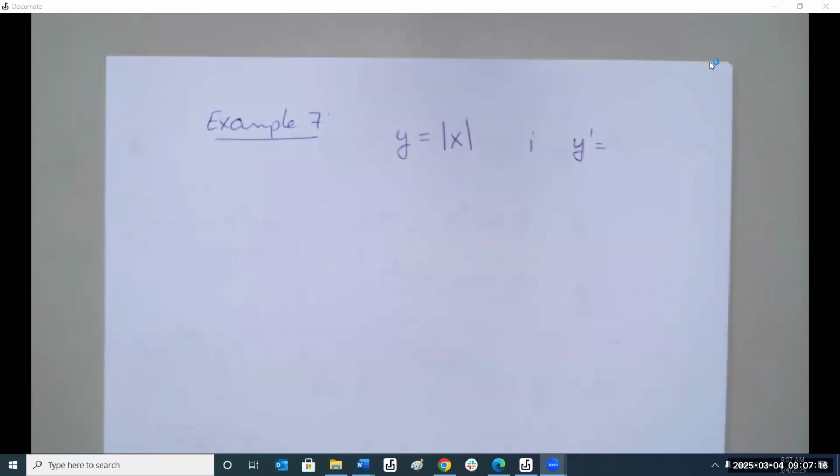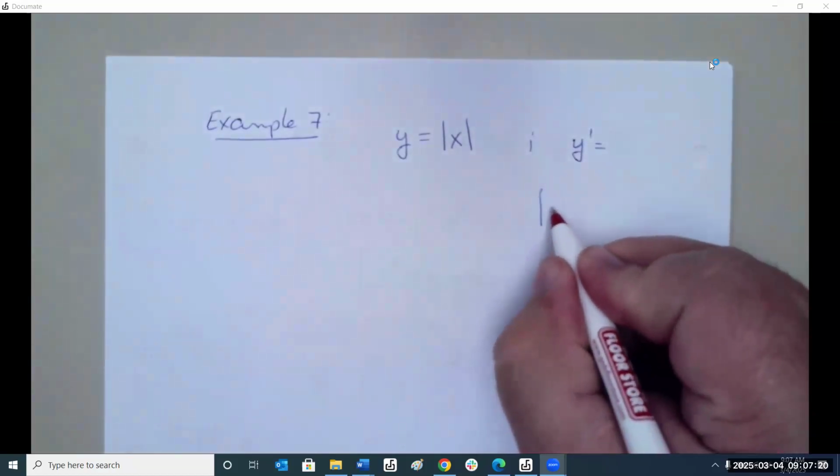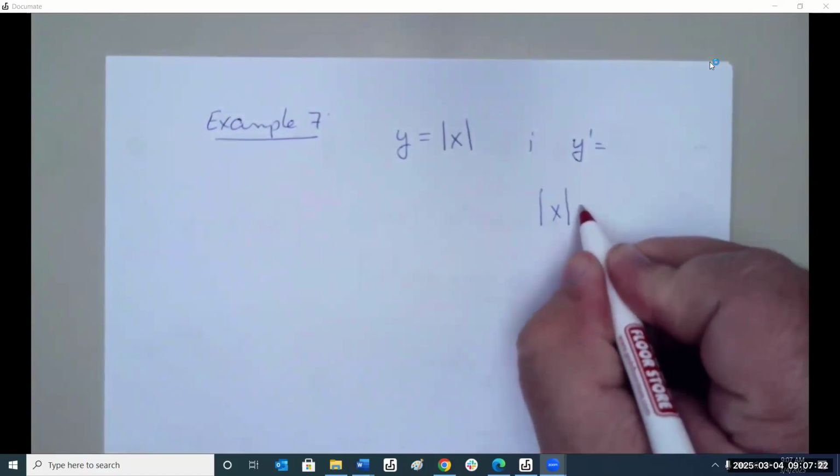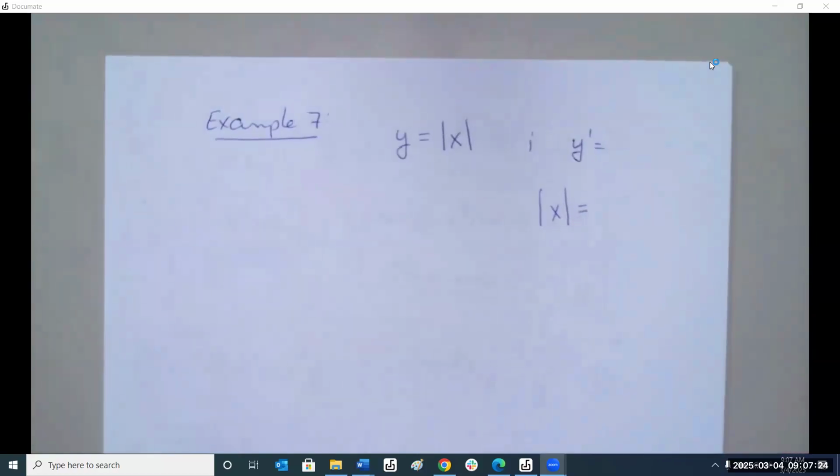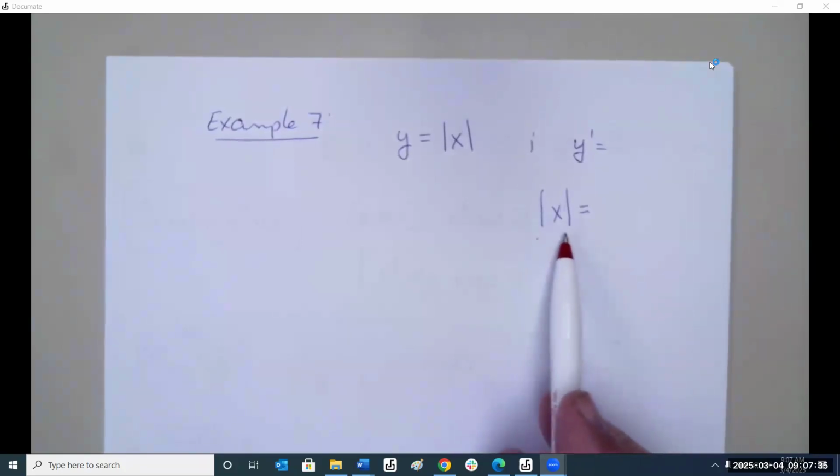Do we have a formula for the absolute value? What do you think? If we had a formula, what do you think it would be? Because what does an absolute value function do?